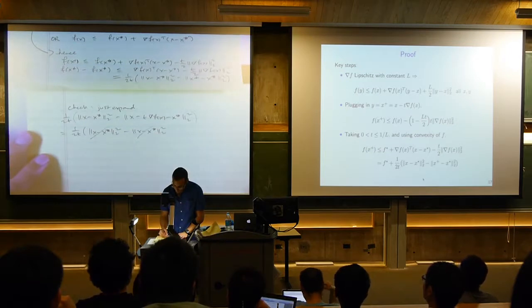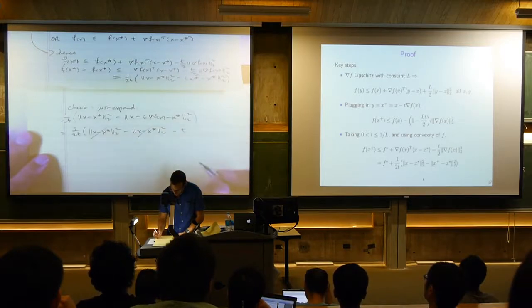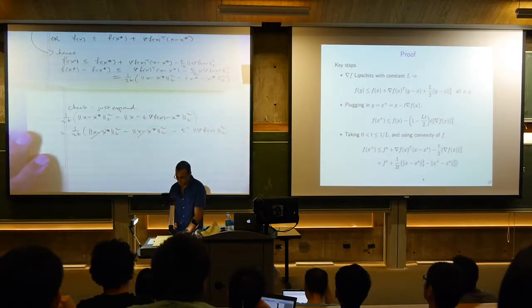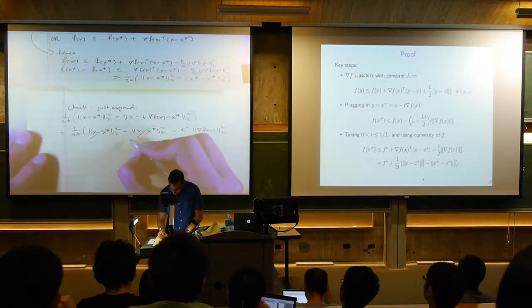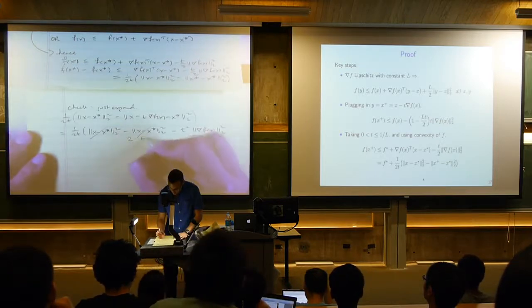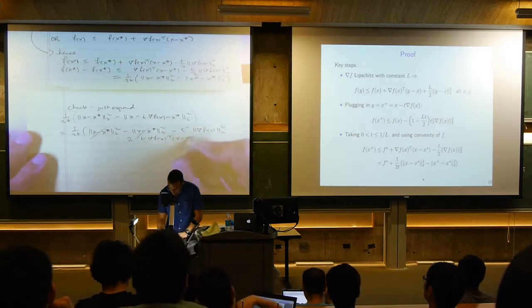And from this on its own, I just get t squared times the norm of the gradient of f of x squared. That's from squaring this. And then the cross term is going to be 2 times t times the gradient of f of x transpose x minus x star.